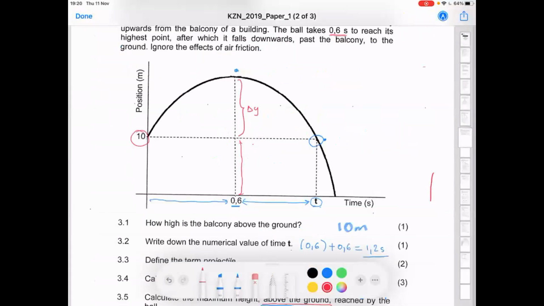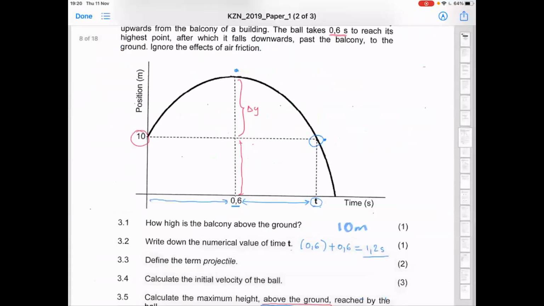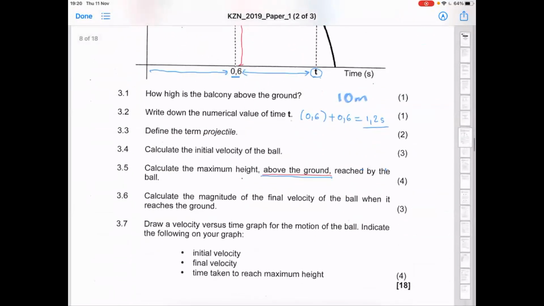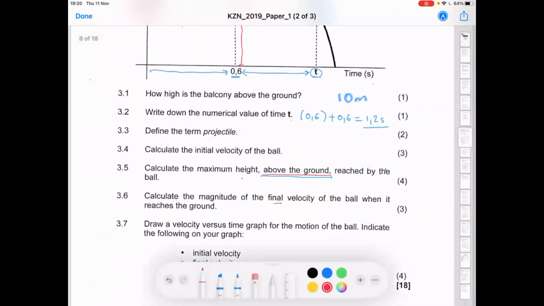What is the next question? Okay, calculate the magnitude of the final velocity of the ball when it reaches the ground. So again, you'll have a few choices of where you want to start measuring from. So we'll just look at two quickly, right? So we're trying to find the final velocity when it reaches the ground.